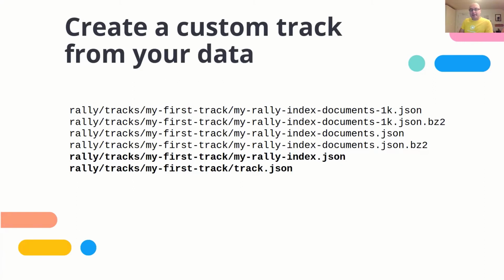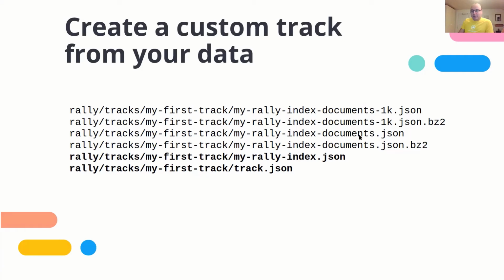When you have run this, you're going to end up with files like these in your folder. The first files you see, my-rally-index-documents-1k.json, and the bzip2 file is binary. It's just the same information, but a compressed version of it.